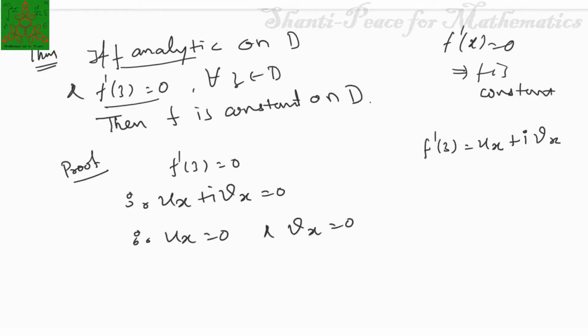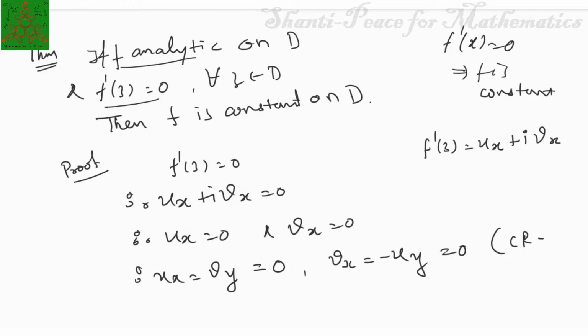Since f is analytic, ux is equal to vy, which gives 0, and vx is equal to minus uy, which is also 0, because of the CR equations. The CR equations are satisfied due to analyticity. So u is independent of x because ux is 0, and u is independent of y also, and u is only a function of x and y, so that's why it is a constant function.